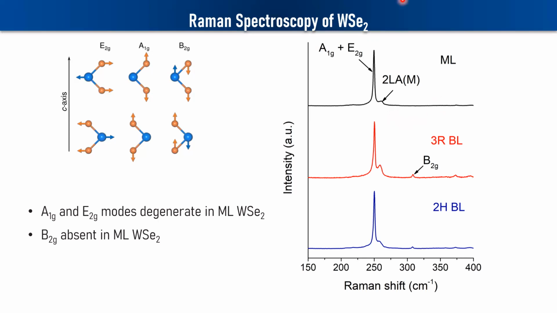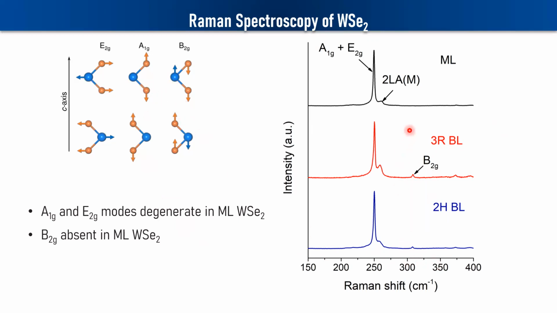But in this case, since these two are almost degenerate, it becomes very difficult to say whether it is a monolayer or bilayer. One of the interesting features in the bilayer samples is the extra peak here, which is called the B2g peak. This B2g peak is absent in the monolayer WSe2.